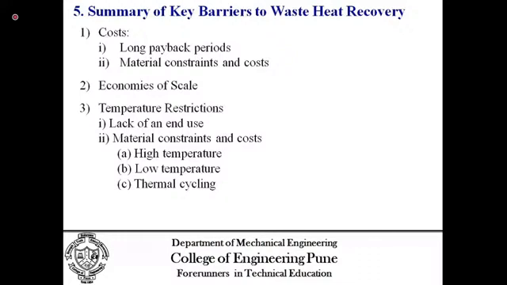There is a possibility of thermal stresses being developed, and this will lead to failure. While designing the system, this is also to be taken care of. That is, what is the high temperature at which the system is working, what is the lower temperature at which it is working, and what is the range of high and low temperature, so that the system will not fail or will have a higher working life.